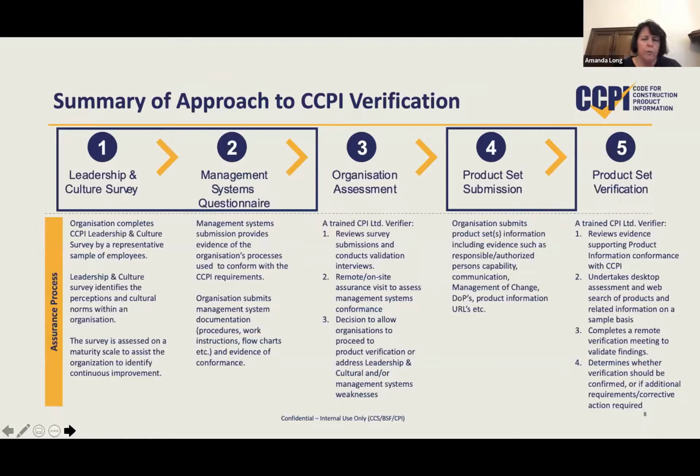The actual Code for Construction Product Information verification process has 5 steps to it. The first one is a really important step, and it goes back to that initial point that I was making about Dame Judith Hackitt and her overarching statement that actually there is a total failure of leadership and culture within the construction sector.